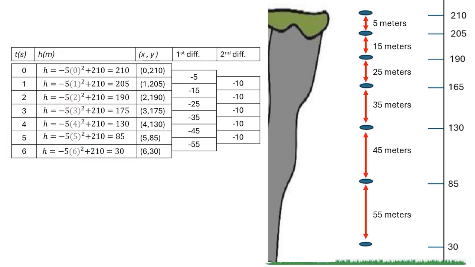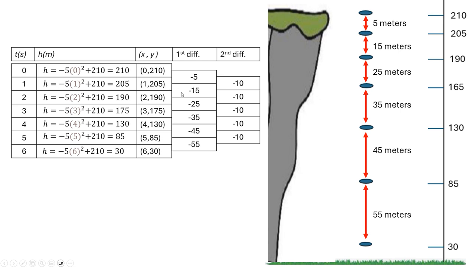Now, let's look at our first and second differences and see how they relate to what's happening. So we've got the rock at 0 seconds at a height of 210 meters, and then 1 second later, it's fallen 5 meters and is now at a height of 205 meters.